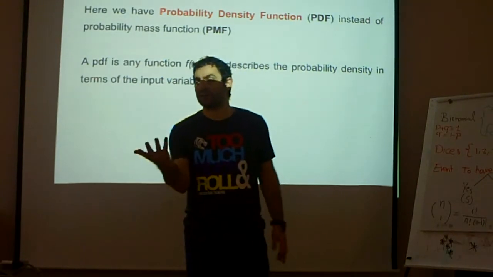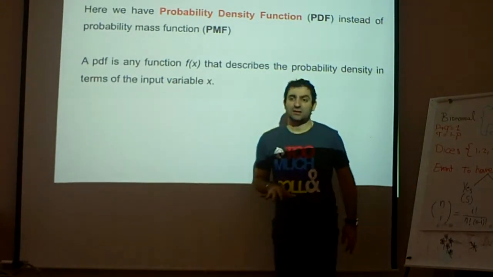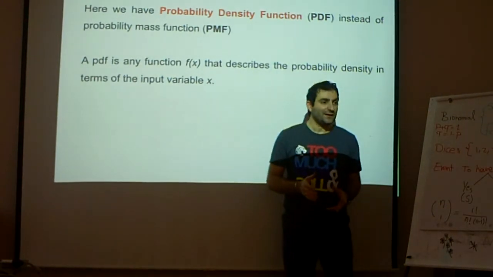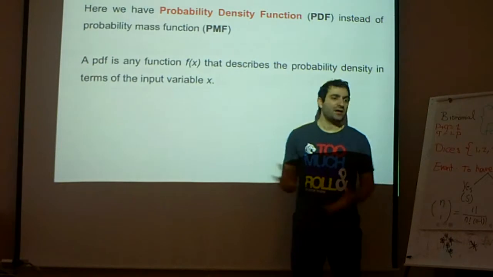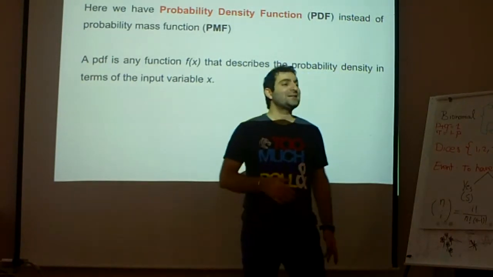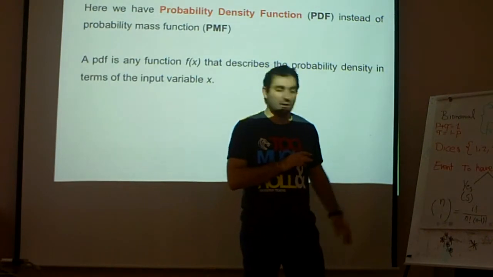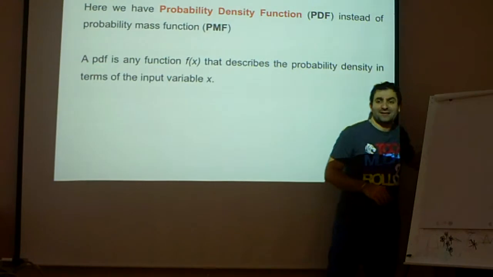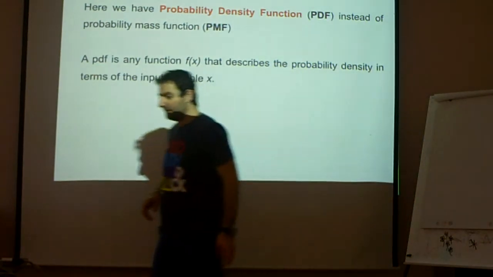Though we go from discrete to continuous, you will see that the summation will be changed into the integral, but the addition of all the probabilities, though we have infinitely many, cannot be more than 1. So let's see how we can calculate these probability density functions, the PDFs.